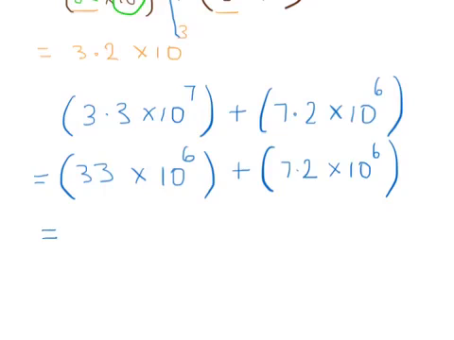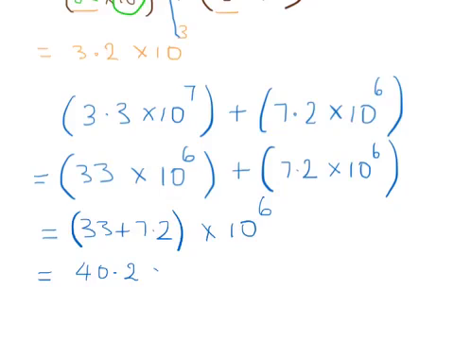So now, because we've got the same powers, we can simply add these numbers together. So this is 33 plus 7.2 times 10, and then the powers remain the same. It's times 10 to the 6. And 33 plus 7.2 is 40.2 times 10 to the 6.